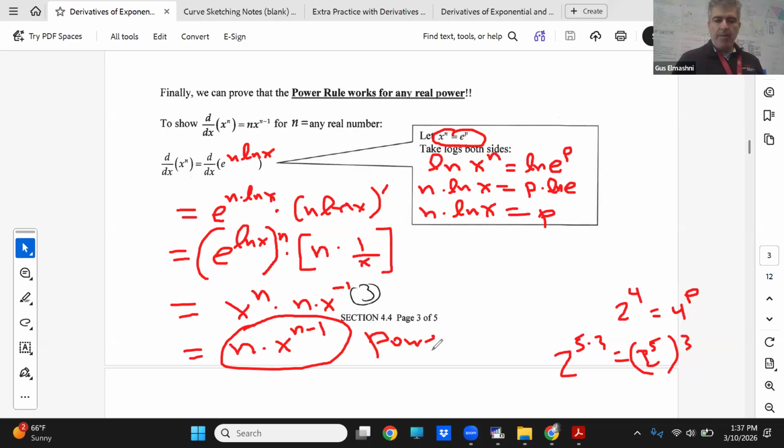You get the power rule. Pretty nifty, huh? Because we know the derivative of ln x is 1 over x. And when I use my properties of exponents and combine things correctly, you get that. So that's why the power rule works the way it does. That's the formal proof that goes into it.